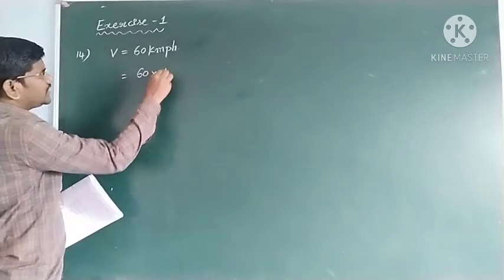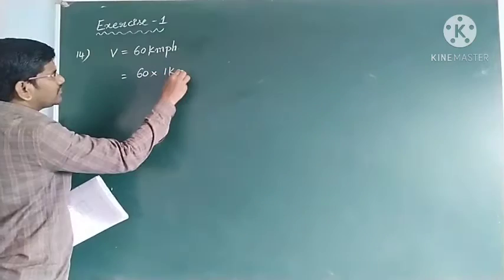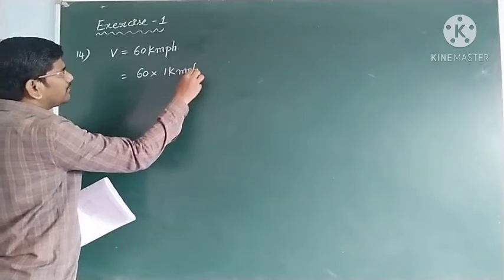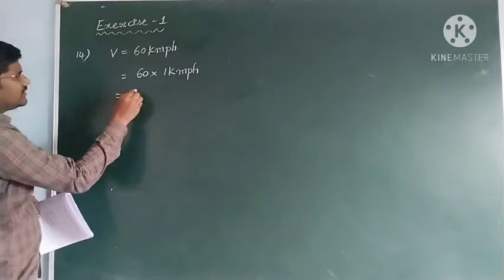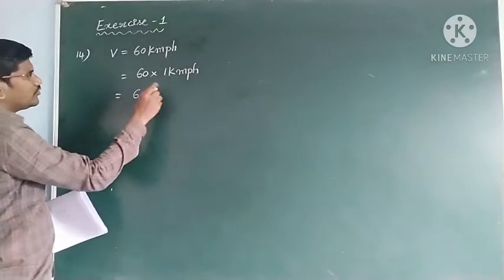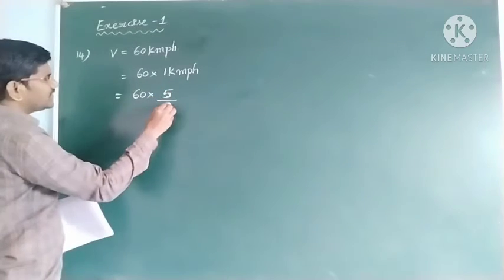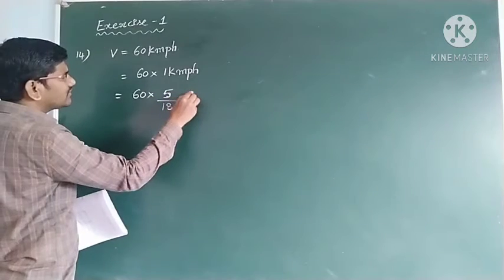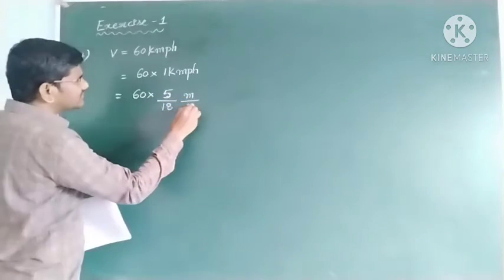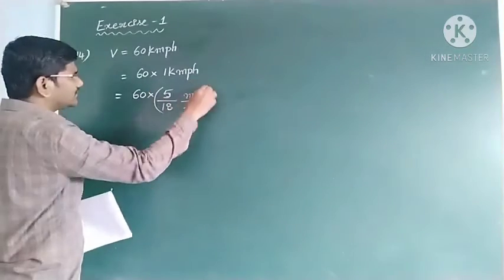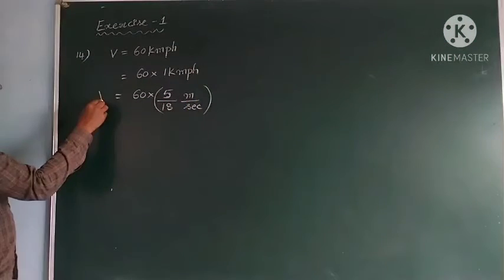So 60 into 1 kilometer per hour is 5/18 meters per second. That is called V.